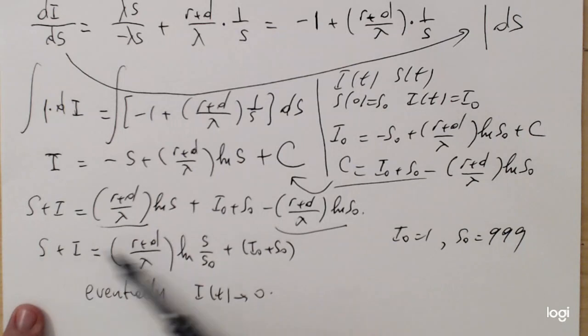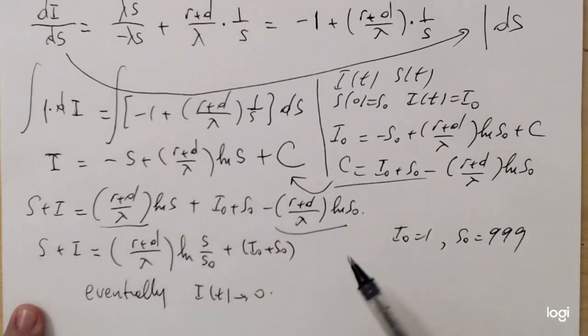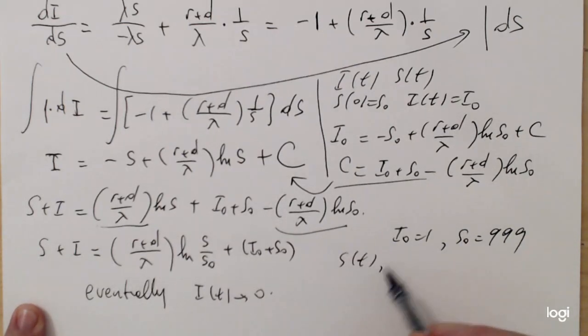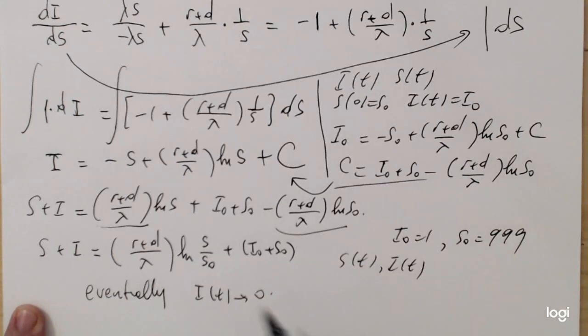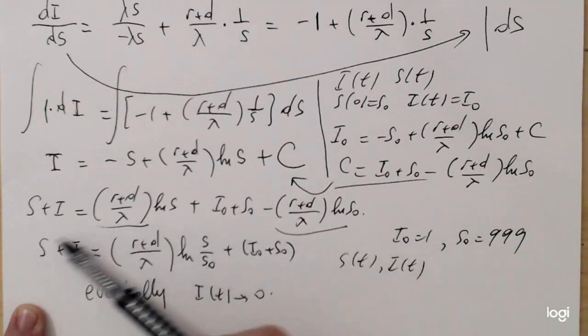So this relation gives us the relationship between S of t and I of t at any time t. No matter the time t, S of t and I of t always satisfy this equation.